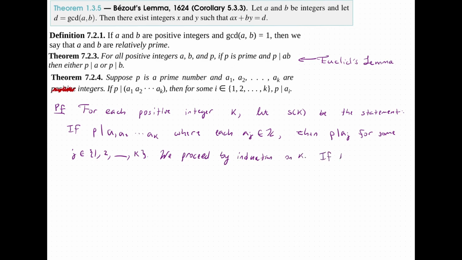If k is equal to 1, then p divides a1 for some integer a1, but then we're done. There's nothing to show. And so there is nothing to show.